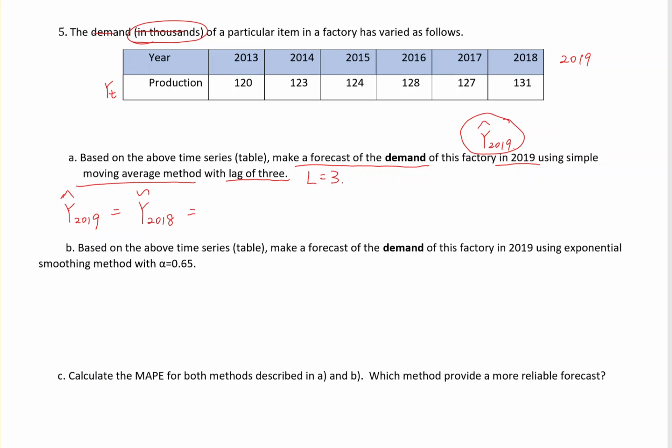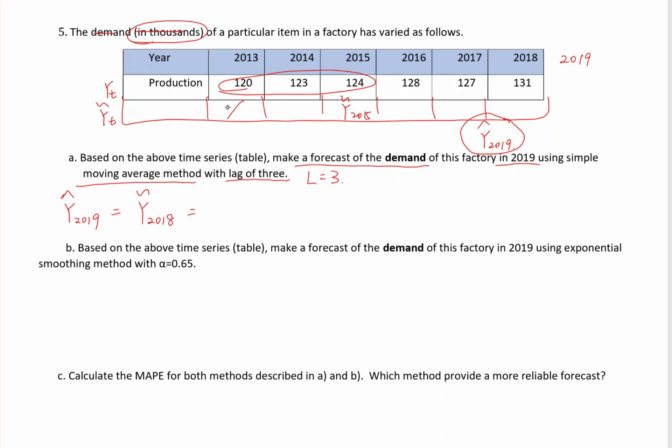So if we draw it, the next line is the estimated value at time t. You need to average the first 3 to get the estimated value of, let's say, 2015.